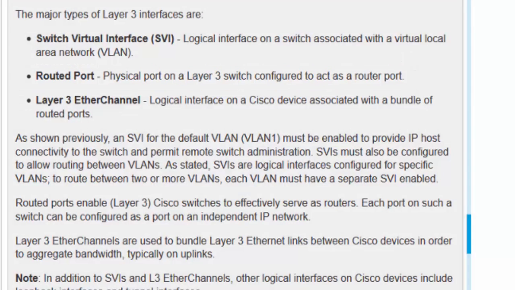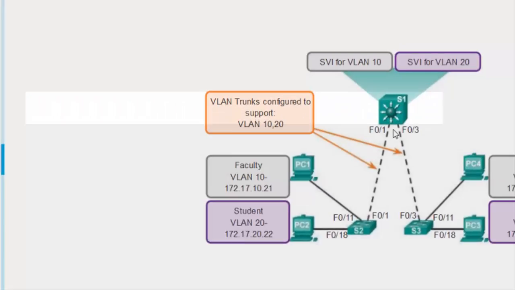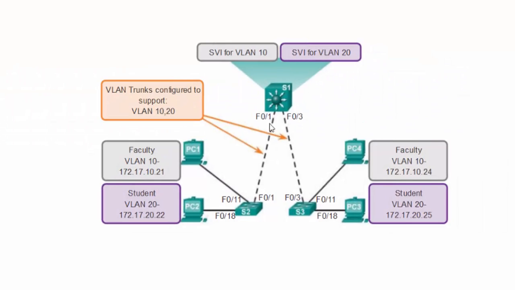So in that case, the layer 3 switch will use the IP address completely to work effectively as a router port. The third type of interface is called layer 3 EtherChannel, and that port is another logical interface that allows the layer 3 switch to aggregate the bandwidth from multiple LANs or from multiple interfaces into one interface to the uplink.